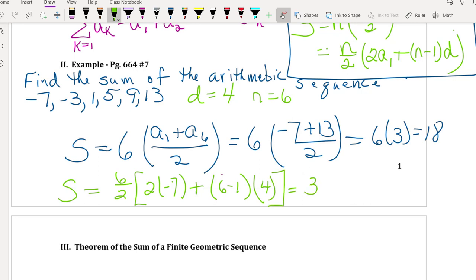So we'll have 3 times, and in parentheses we have negative 14 plus 20, which will give us 3 times 6, which is 18. So both formulas work, so whichever one you want to use.